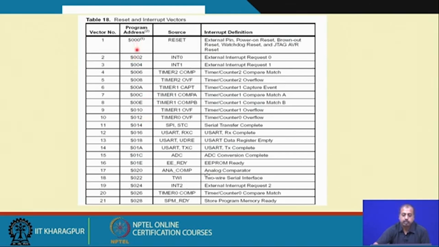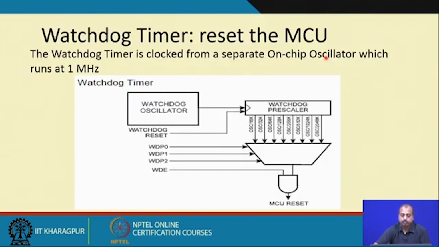So, 000 and 001 will hold the vector address for the reset. There should be a jump instruction that will be 2 bytes wide, and that will hold the actual ISR address, just like other processors. Everywhere there is a gap of 2 bytes for holding the interrupt service routine address.